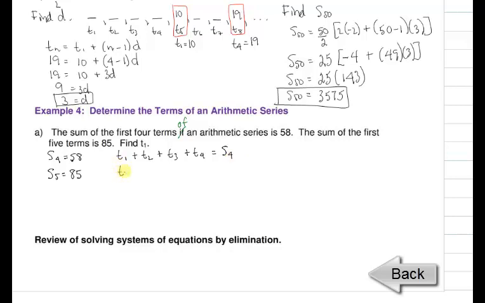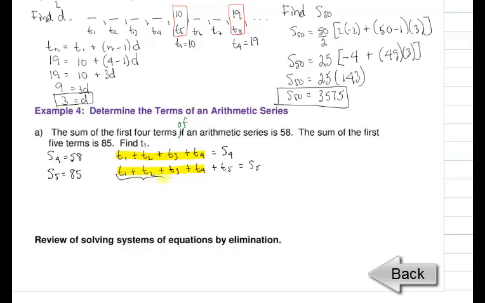S5 means if you take the first 5 terms, you should get the sum of the first 5 terms. Okay, so take a look. You know that adding the first 4 terms of the same series will give you S4, right?